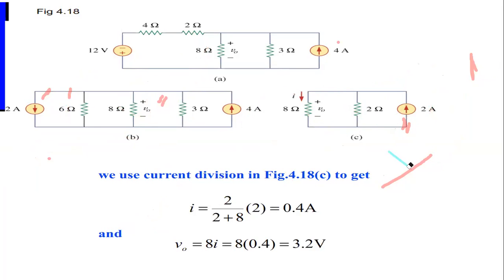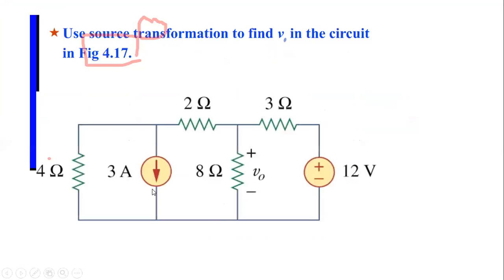Now you can see whatever we just discussed is drawn here. The important thing is the direction of the 12 volt source. It is minus plus, and this 4 ohm resistance has come into series. You can see the previous slide also. This 3 ampere was downward, so the plus sign will be downward.